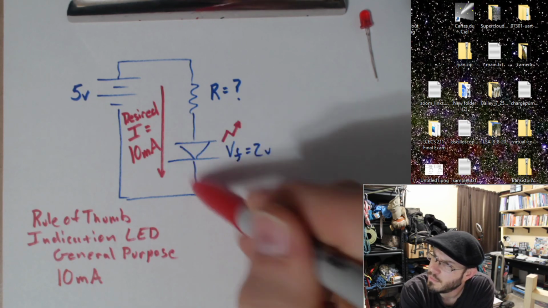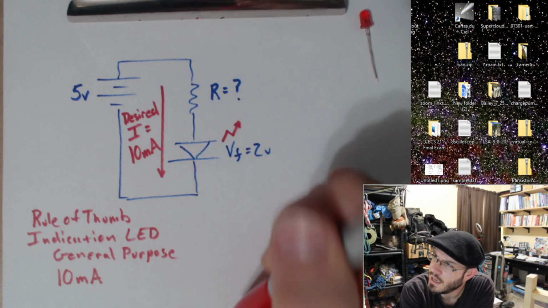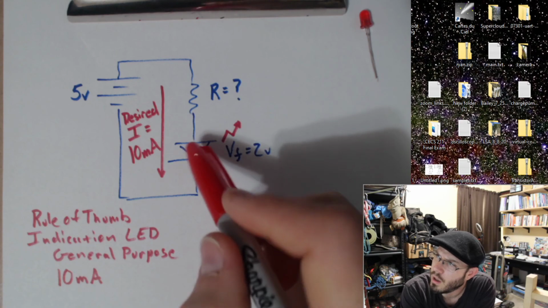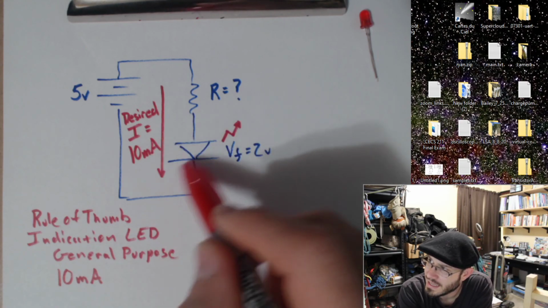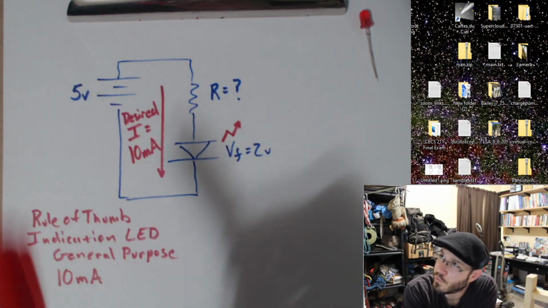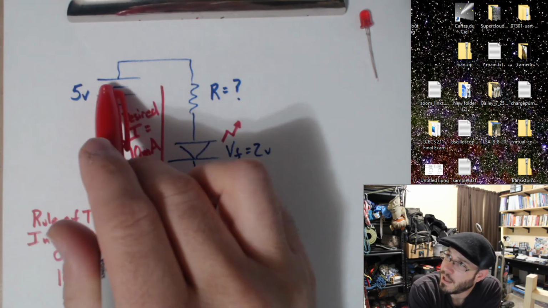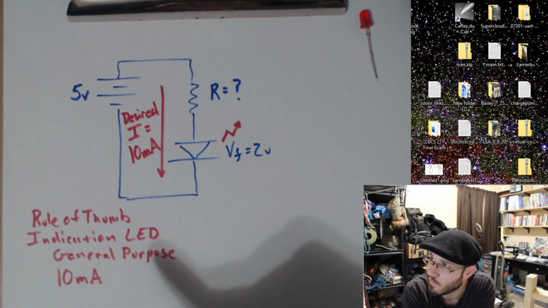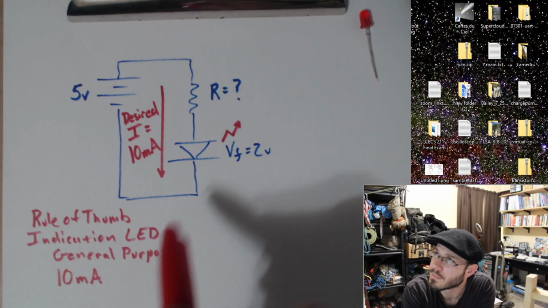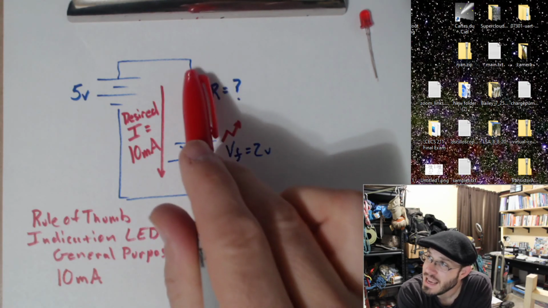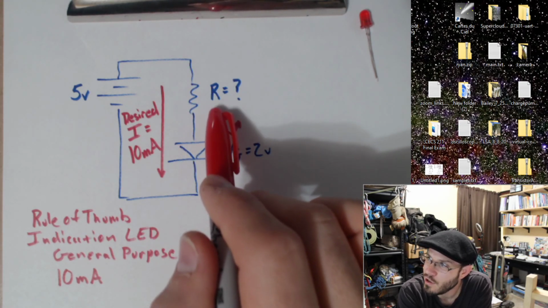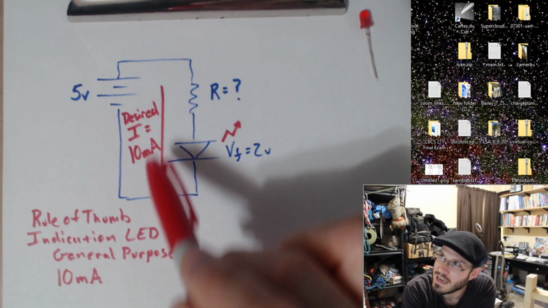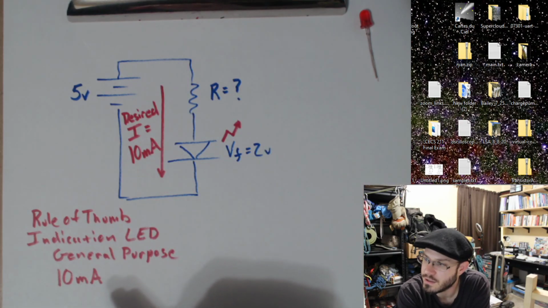So if I have 10 milliamps going through here, I have 10 milliamps going through here. If my diode is conducting because it's forward biased and the supply voltage is exceeding the forward voltage, then I should be able to calculate a value for this resistance that gives me 10 milliamps flowing through this series circuit.